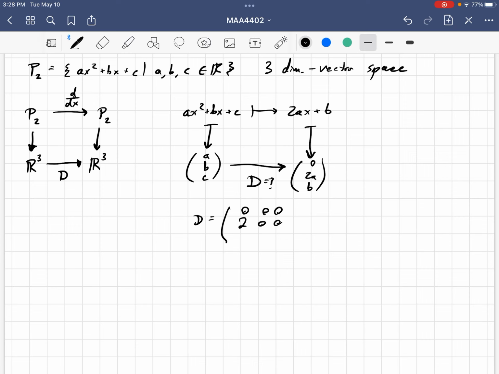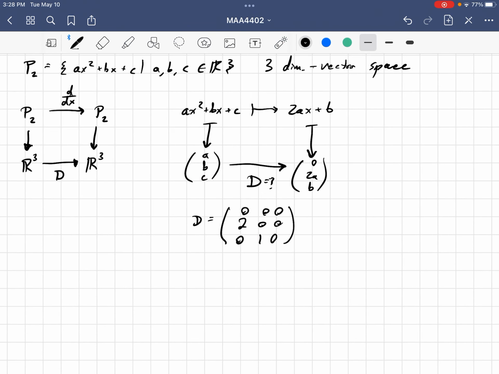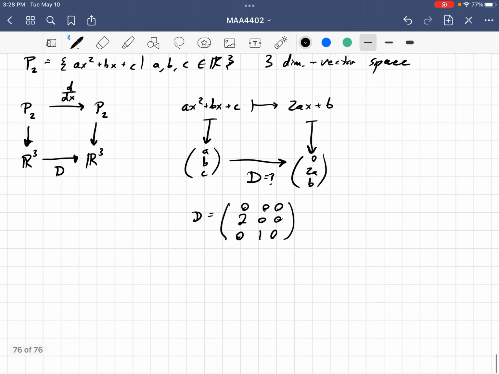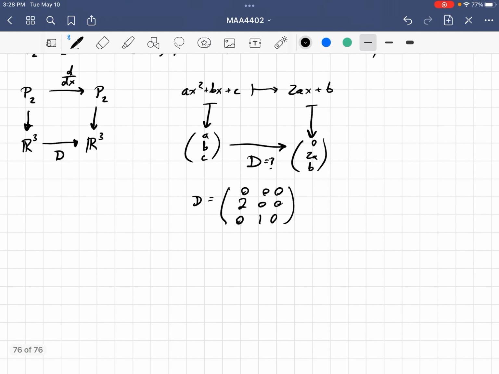And then for this last, we need a 0, a 1, and a 0 because we need one contribution from the b and nothing from the rest. And there are other ways to go about finding D, but that is what the derivative matrix looks like for this sort of derivative operator in R3.